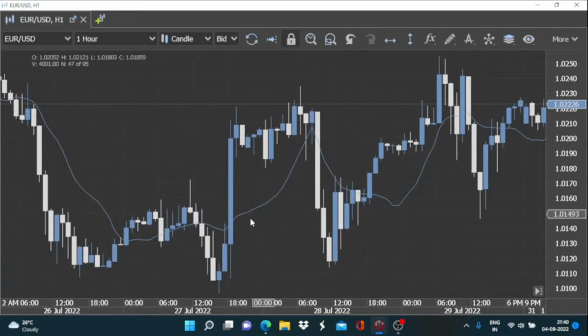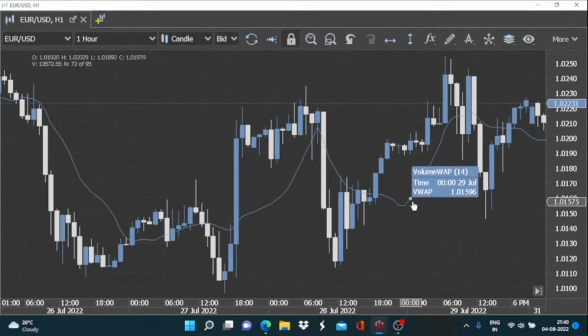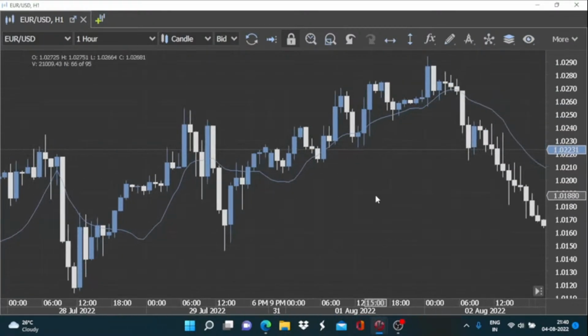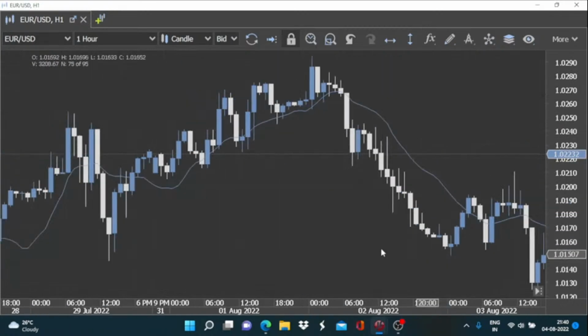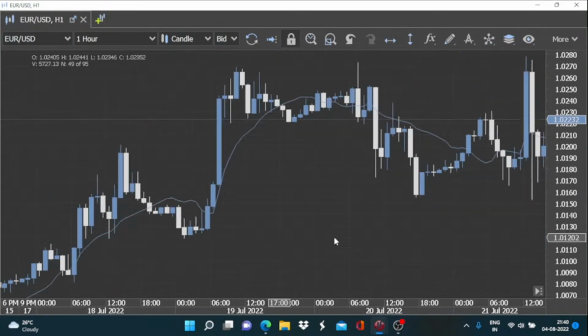We have this plotting of the volume weighted average price for the last 14 candle periods. So we get this range, we see what is happening in the market, and accordingly we can take the trade.